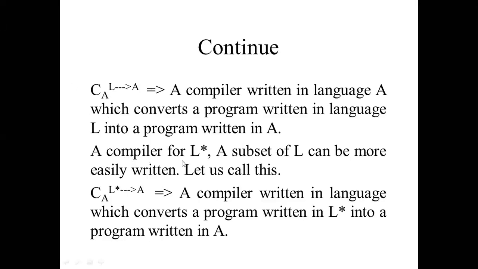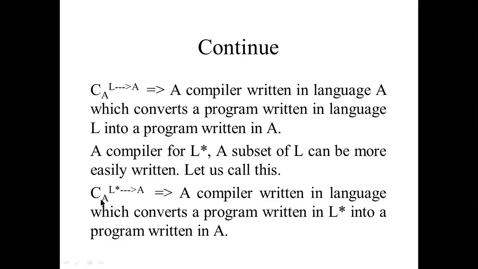And then again a compiler for L star, a subset of L. L star, what is this? This is a subset of L, that is, a language that can be more easily written in this form. Now come here, C A L star to A.